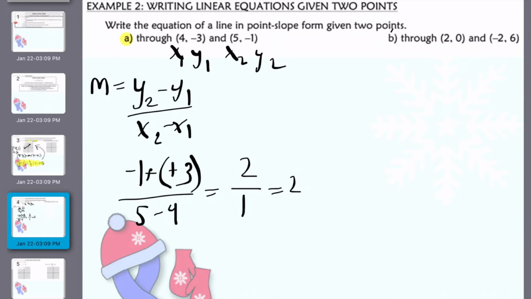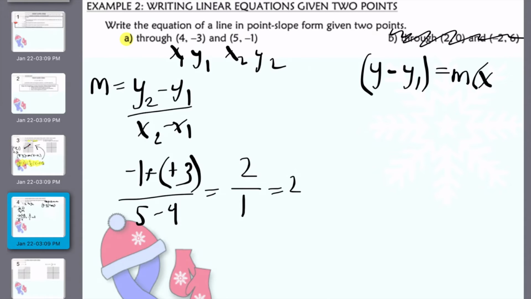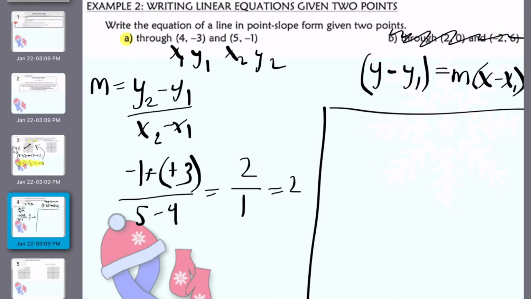So now I just need to put it in the form of my point-slope form. So I have y minus y1 equals my slope times x minus x1. So truthfully, there's 2 formulas that I can put because I have 2 different points. So both of these options or answers are possible.